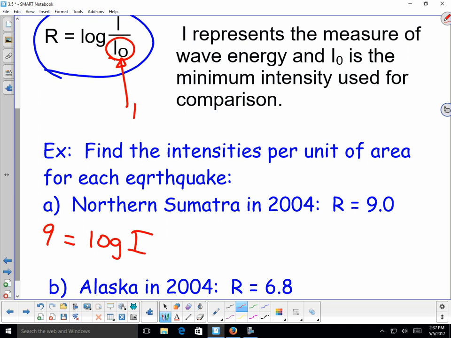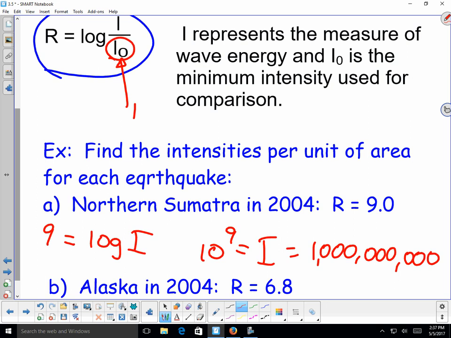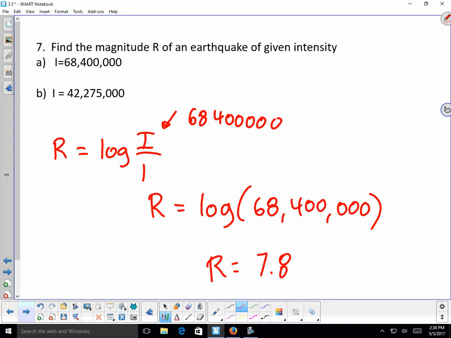So you'd have 10 to the 9 equals I. All right, 10 to the 9th equals I, and 10 to the 9th would be a 1 followed by 9 zeros, right? So that would actually be 1 billion.